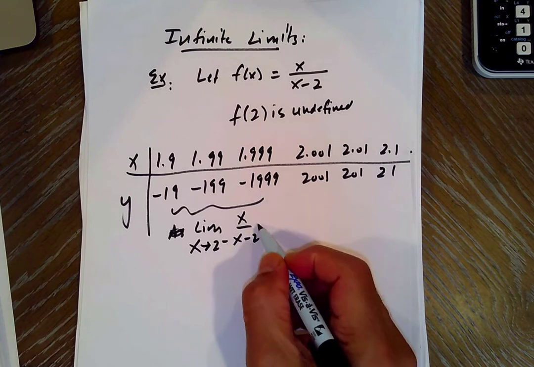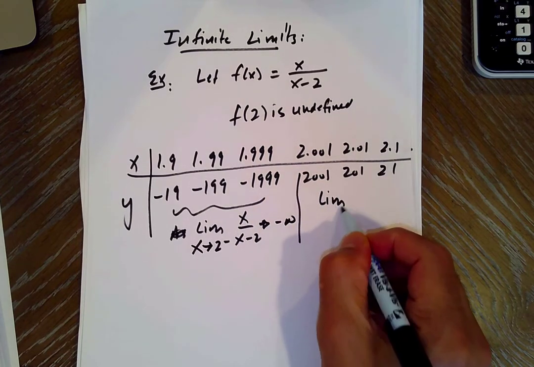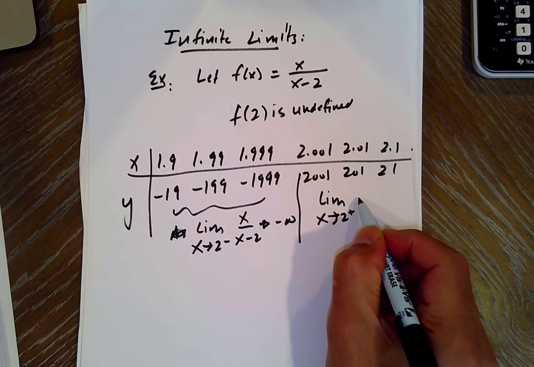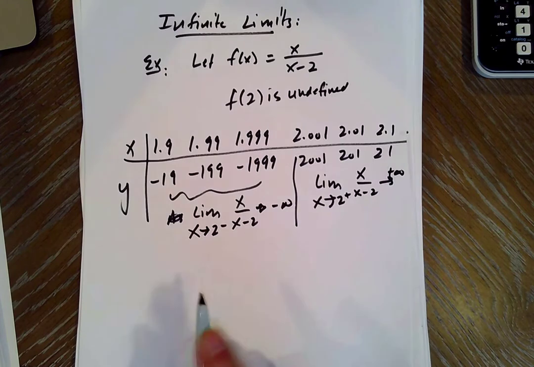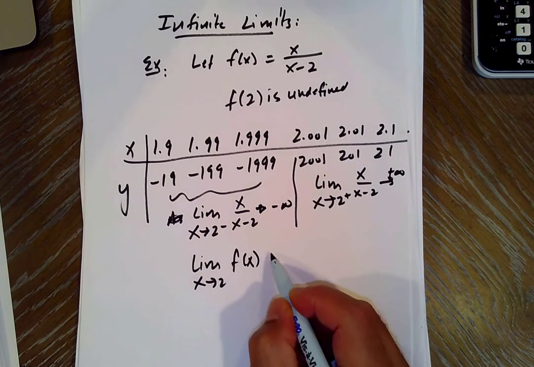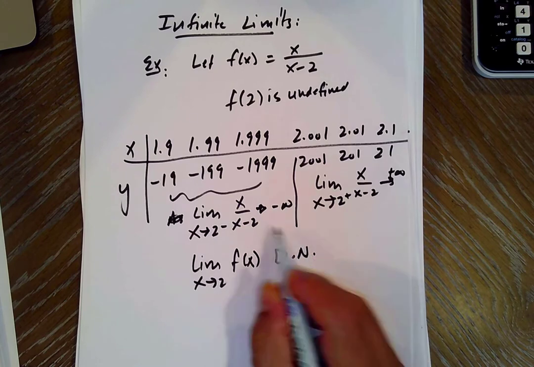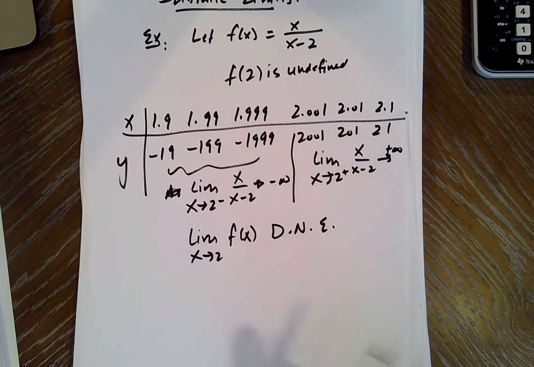And from the right, the limit as x goes to 2 of x over x minus 2 is going to positive infinity. So we say the limit does not exist. Remember, this is one of the cases where the limit does not exist. If one of them is infinity, then we say the limit does not exist.